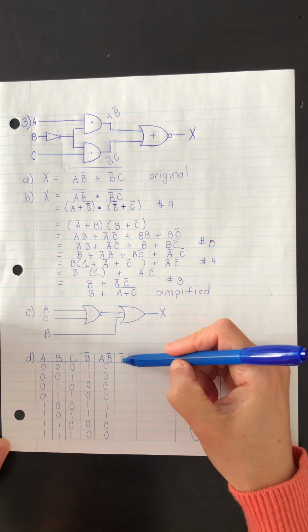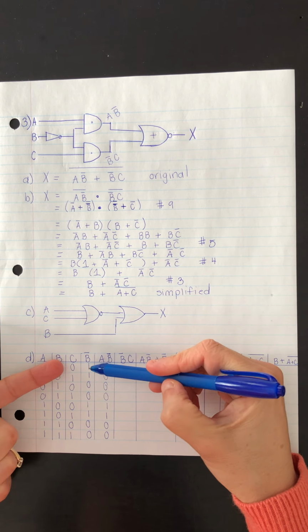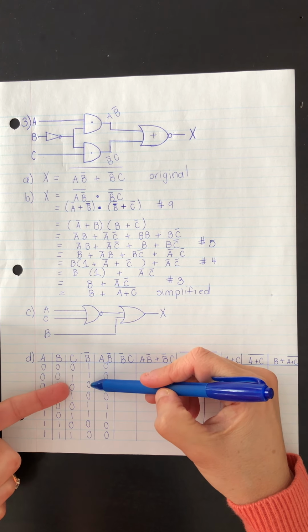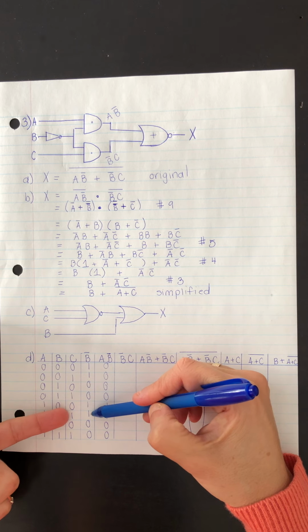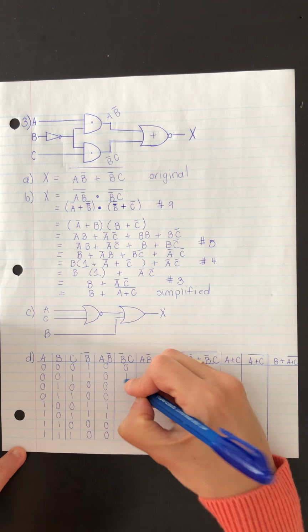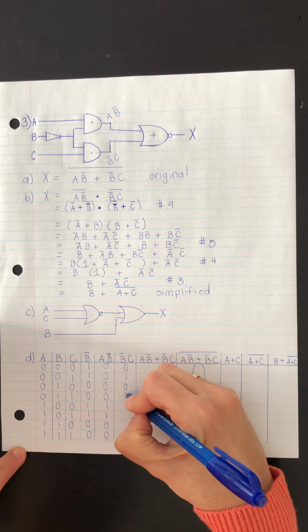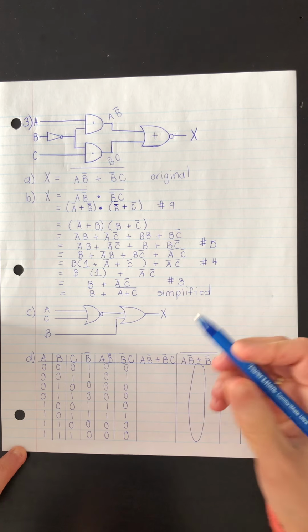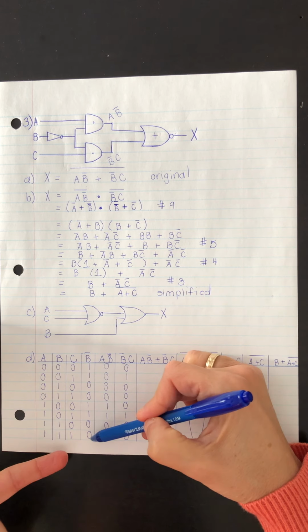Now we have to multiply B naught and C. So these two columns, 0, 1, 0, 0, 0, 1, 0, 0. Okay, so that was B naught multiplied by C.